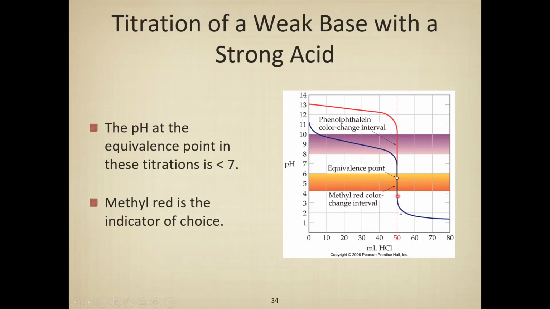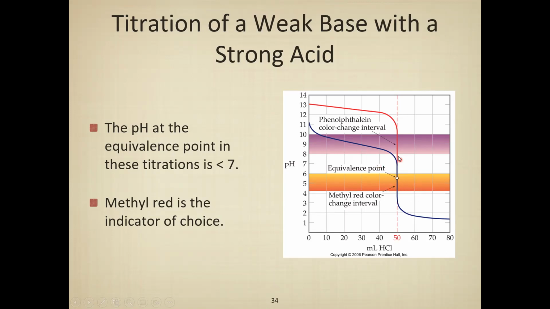But with the weak base, what we're going to see is that pH now is just going to be a little bit below 7, because in this case, what's going to occur is when we add the hydrogen ion from that acid, it's then going to cause the base to produce the conjugate acid, and that's why we're going to see the pH decrease slightly there.